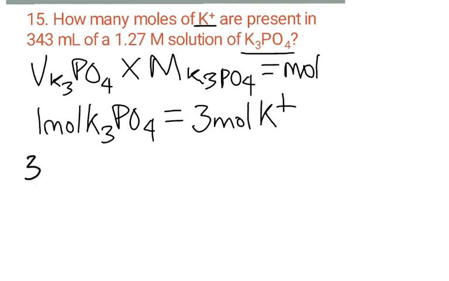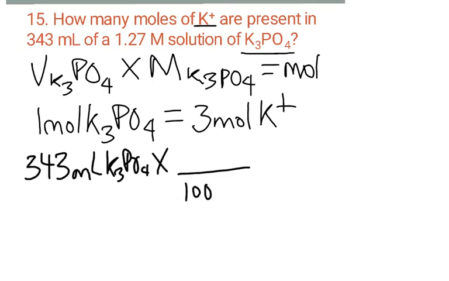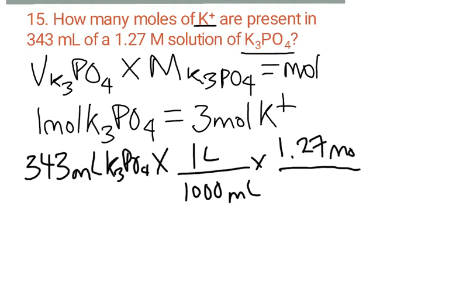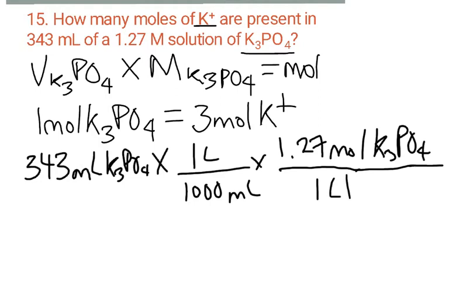So if you have 343 milliliters of potassium phosphate, for every 1,000 milliliters, there's 1 liter. And you have 1.27 moles of potassium phosphate for every 1 liter of potassium phosphate solution.